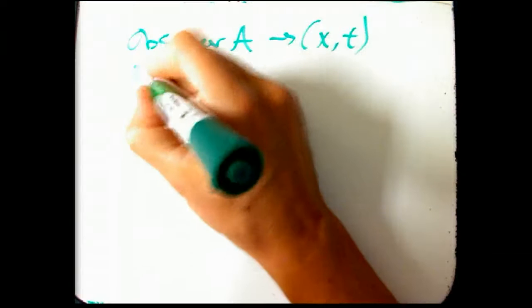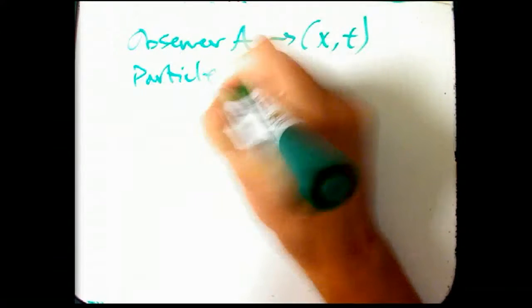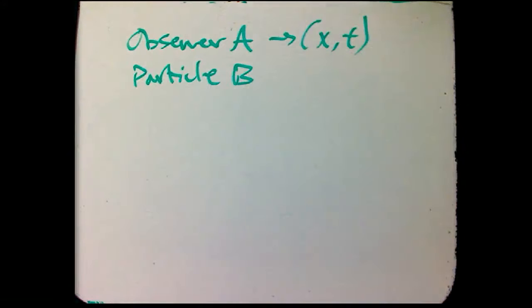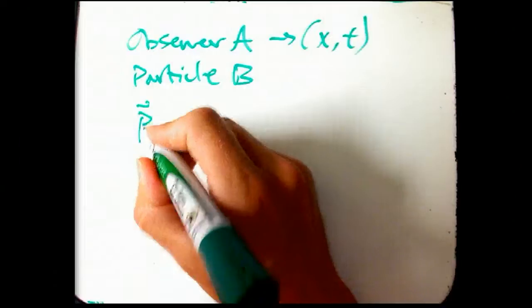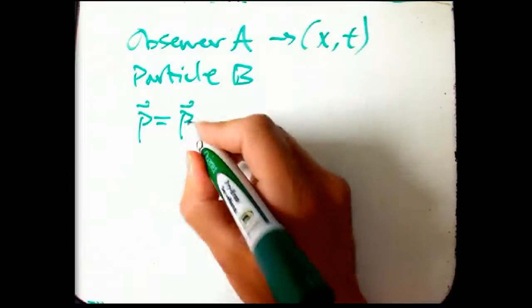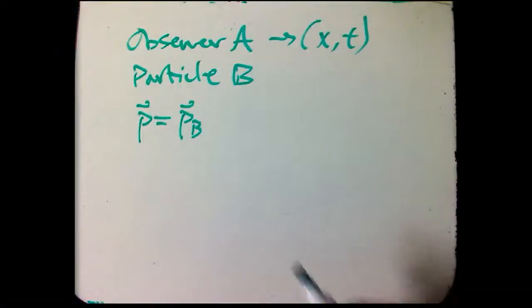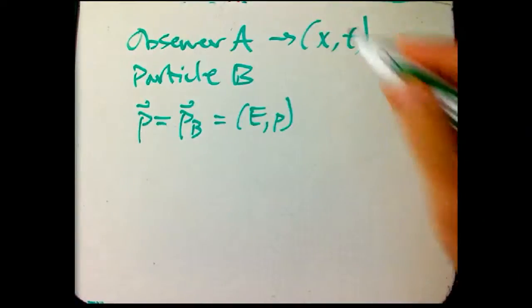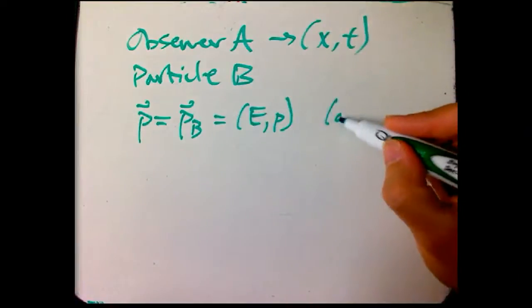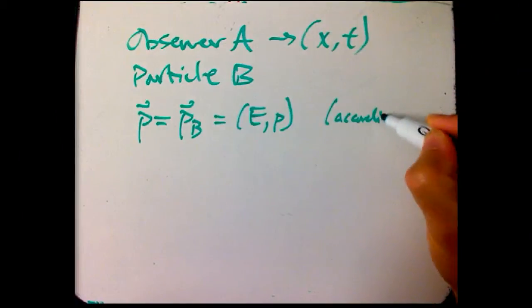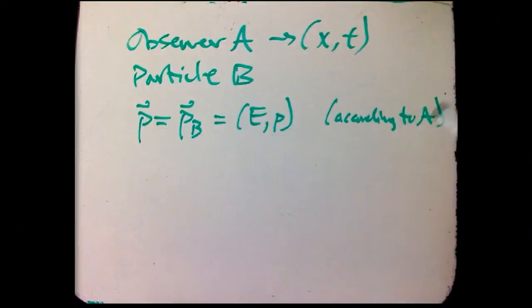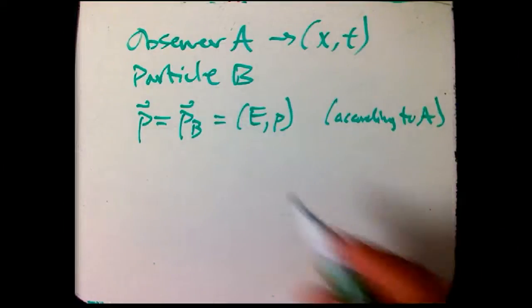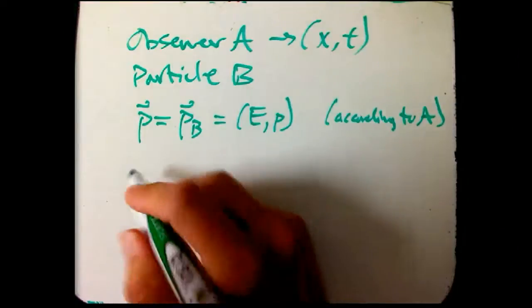And then he's observing a particle B. Okay? And that's got a momentum P equals, if we need to actually note it, PB. And so that's going to be E and P according to this observer, according to A.